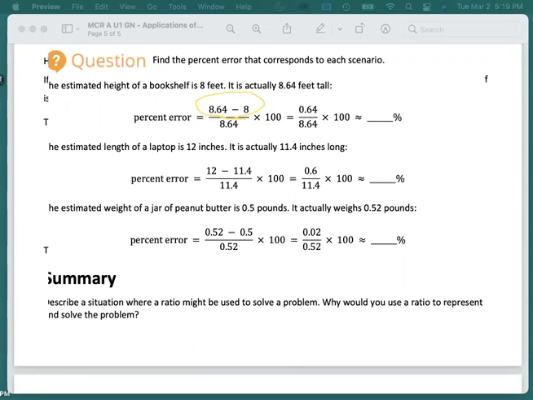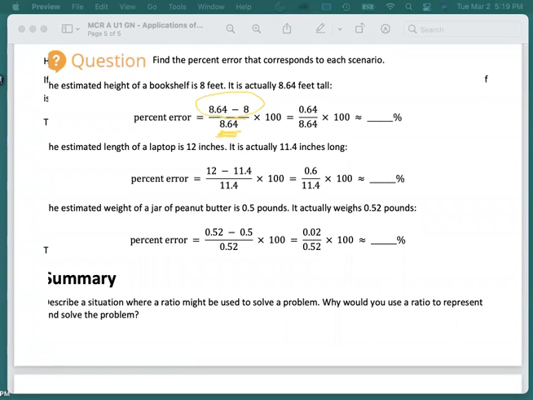You just subtract it, and then you put it over the actual amount. So the bookshelf is actually 8.64 feet tall. So 8.64 minus 8 is 0.64, and then you divide and multiply, and that gives you your percentage of error.